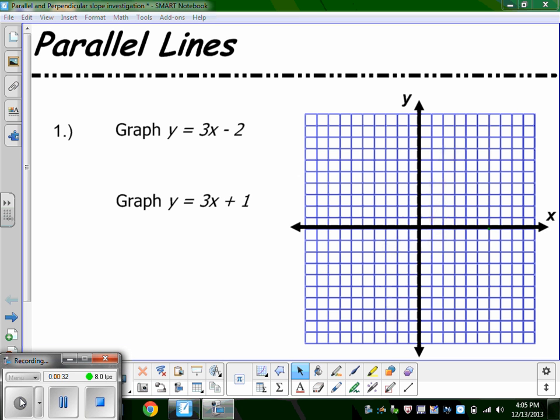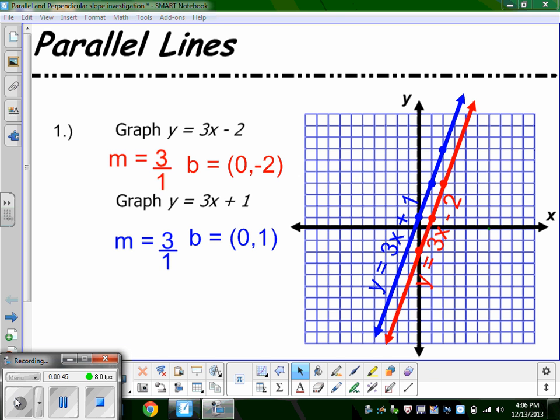We are asked to graph two linear equations, y equals 3x minus 2 and y equals 3x plus 1. Pause the video now and graph these two equations. Your graph should look something like this. Take a close look at both of these lines.